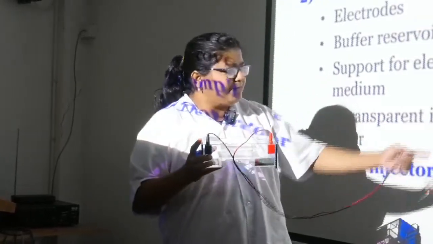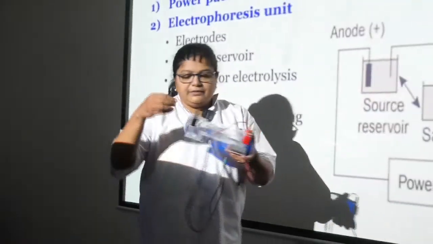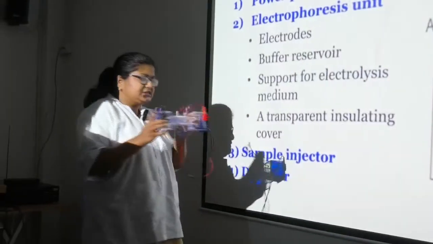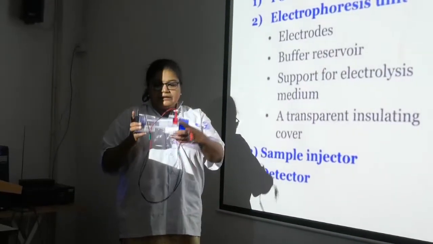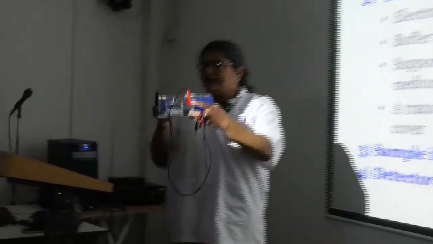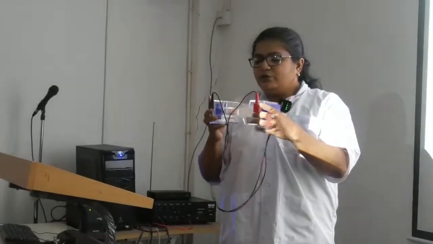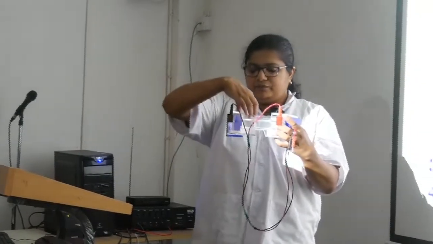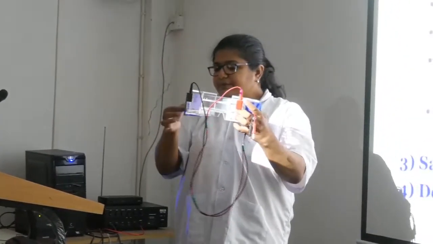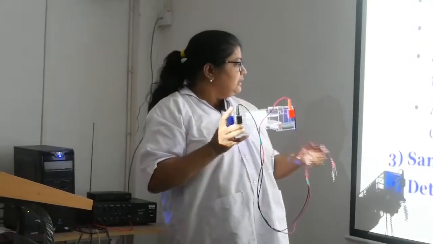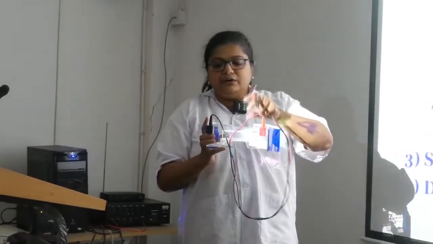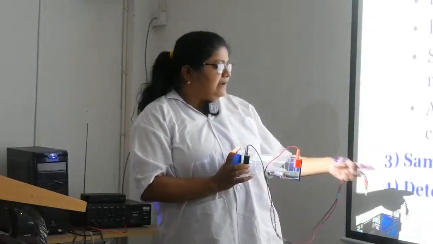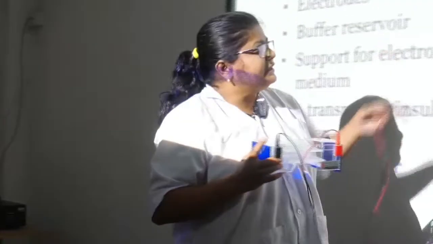It is connected to a power supply and here we keep the buffer solution. This is the buffer reservoir. This is for paper electrophoresis. Here we put a chromatography paper or filter paper, and both ends of the paper are dipped into the buffer solution. Here we apply the sample, and by the detector we can detect.